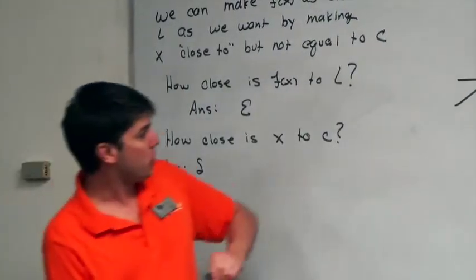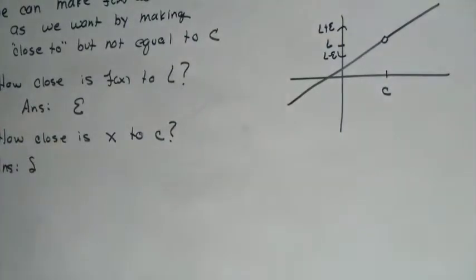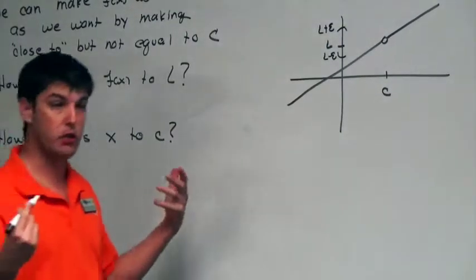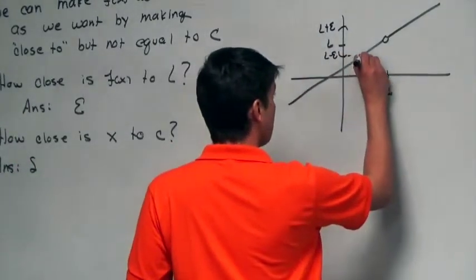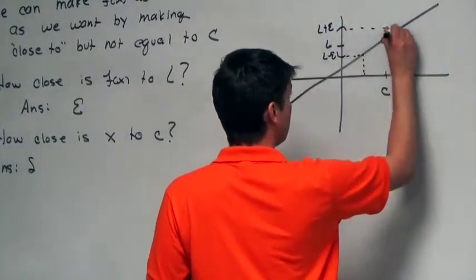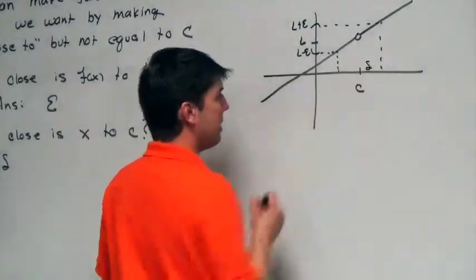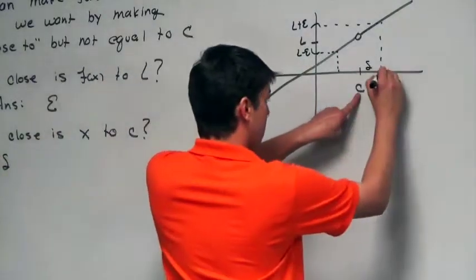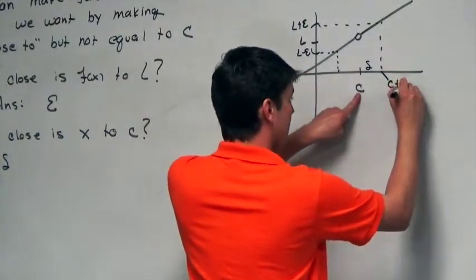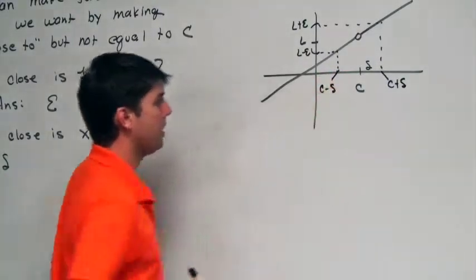We're going to keep our function epsilon close to L by keeping x close to c. And how close is x to c? Delta close. This distance here would be delta. So if this is c, move delta to the right and you get c plus delta, and move delta to the left and you get c minus delta.